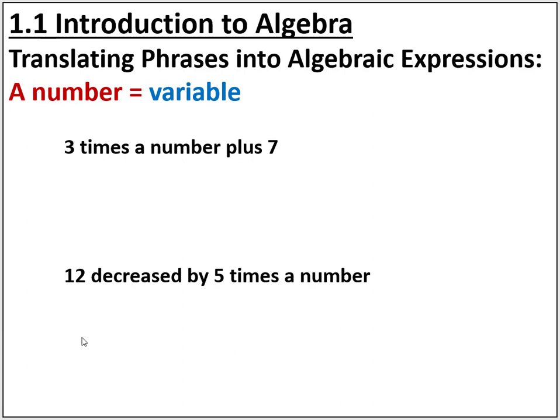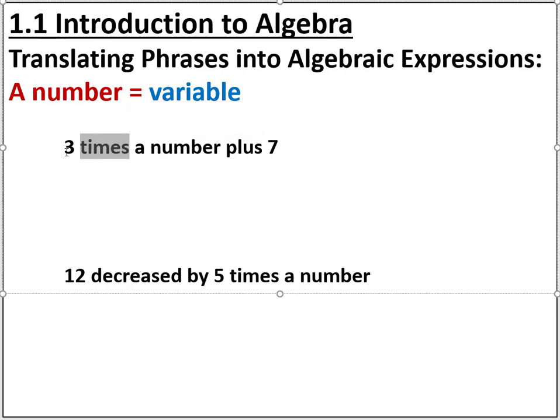Let's take a look at the next example. This one says 3 times a number plus 7. All right, we have two operations, times and plus. So we need to identify which goes with which. So let's take a look at times because that's the first operation. It says 3 times a number.